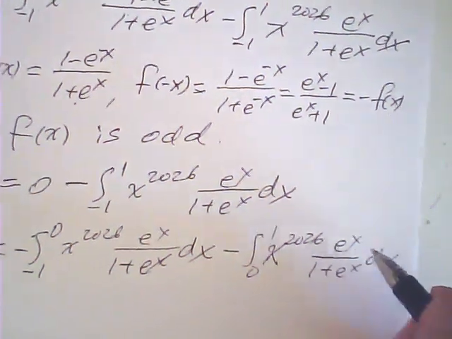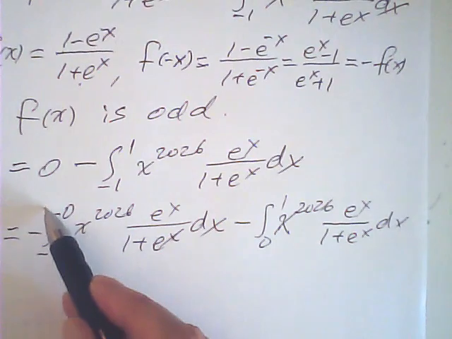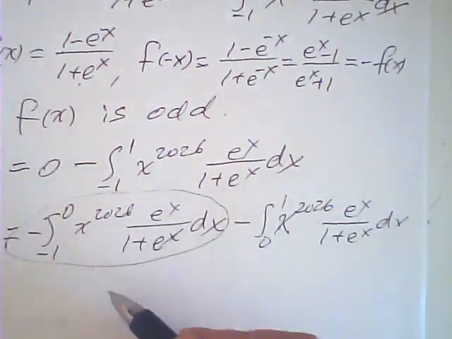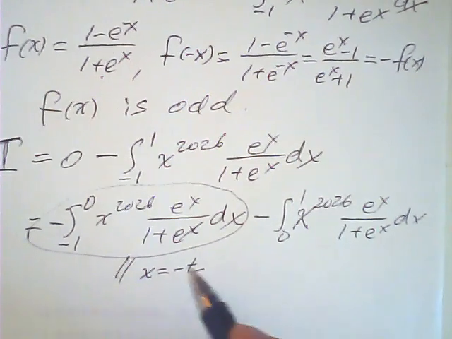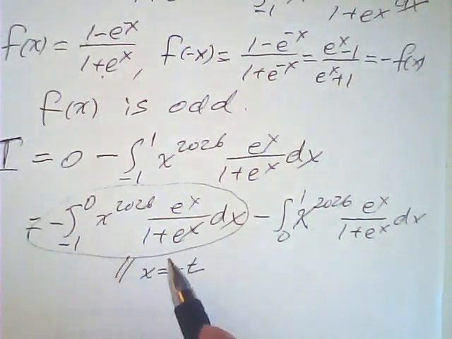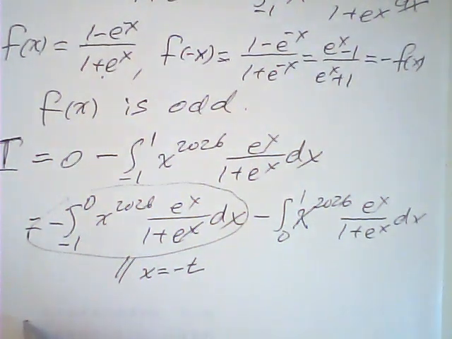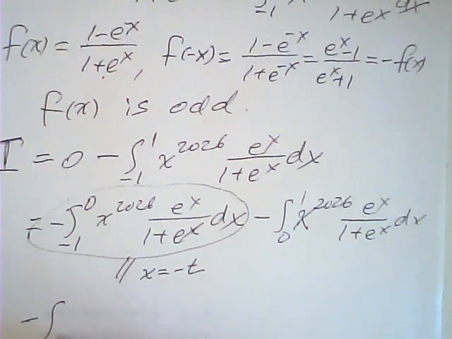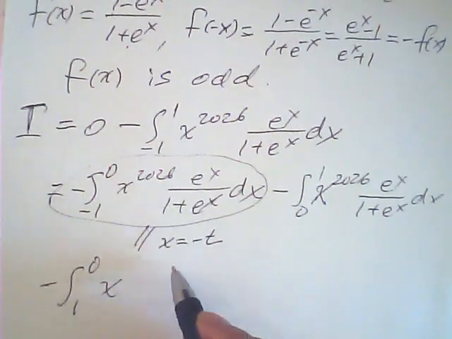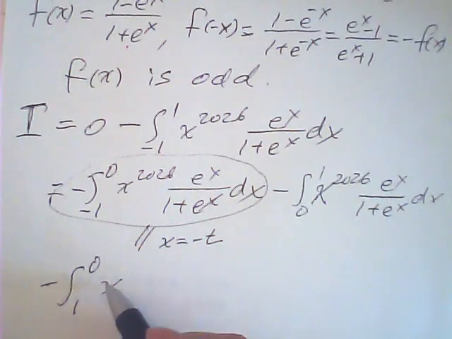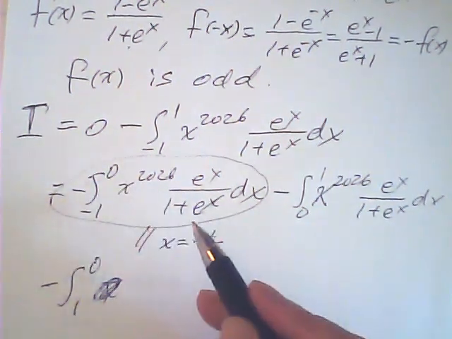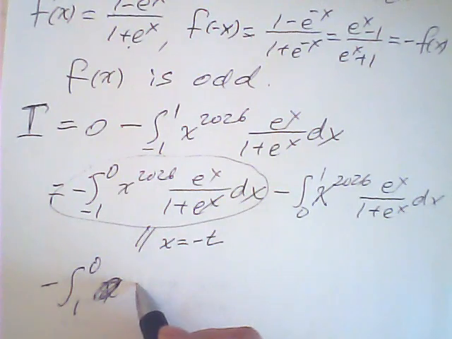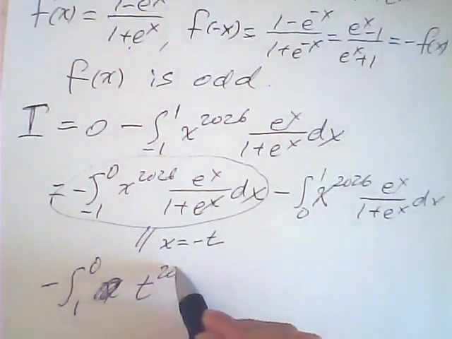And for this one, I let x be negative t. So this becomes negative, this will be 1 to 0, right? Because x is 0. Negative for even power is the same, there's no change, t^2026.